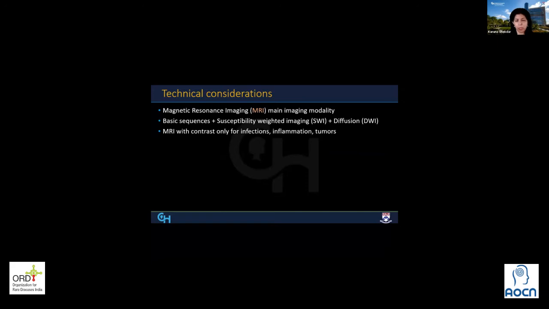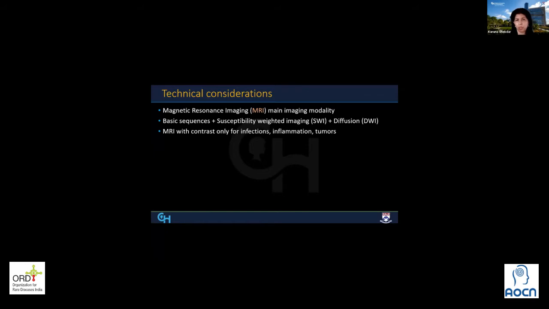So the best way to evaluate gray matter disorders is by utilizing MRI technique. Because of its high resolution and sensitivity, it can really make out the differences and the details of the basal ganglia, which is not possible with, say, computed tomography or CT scan. To assess these disorders, we do the basic T1, T2, FLAIR sequences.